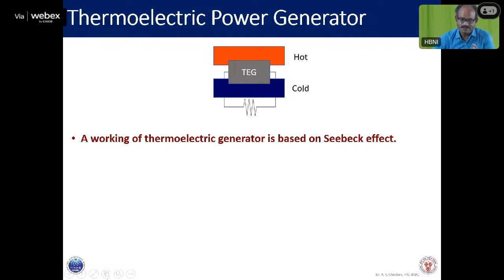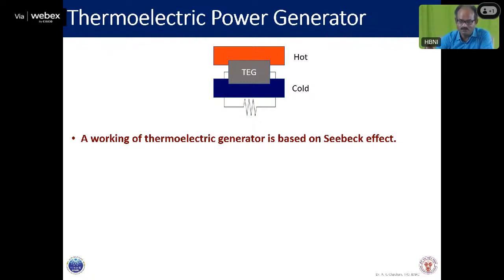So by seeing this, if we want to make a thermoelectric generator, we have a hot end and we have a cold end. And between these hot end and cold end, we put our TEG. TEG is what? It is nothing but the assembly. For time being, you just imagine two dissimilar materials joint at one end and open at another end.